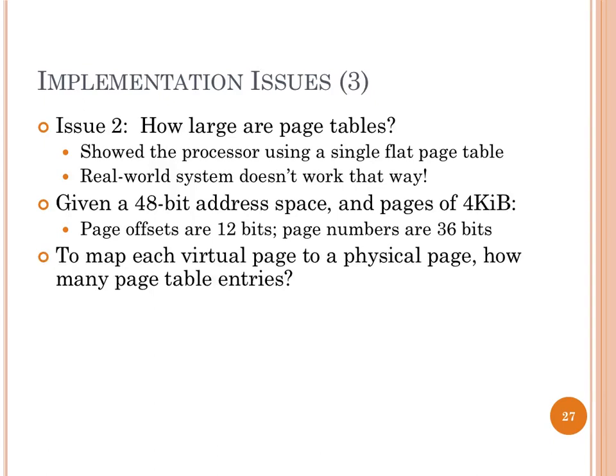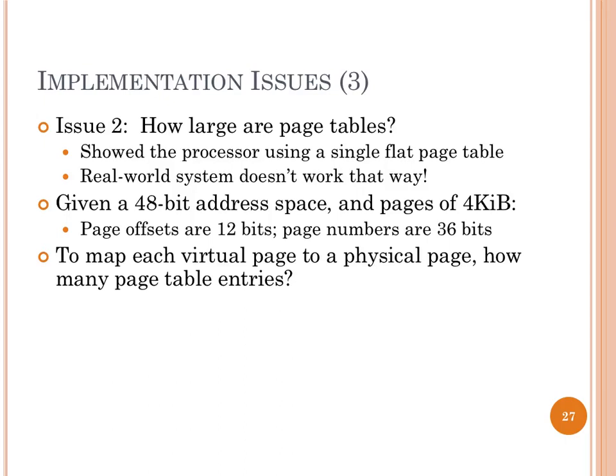Okay, so how many page table entries? Well, what's 2 to the 36? Big, right? 2 to the 36 is big, and then you multiply it by 8 because each entry is 8 bytes, right? So what's 2 to the 39? It's also big, right?